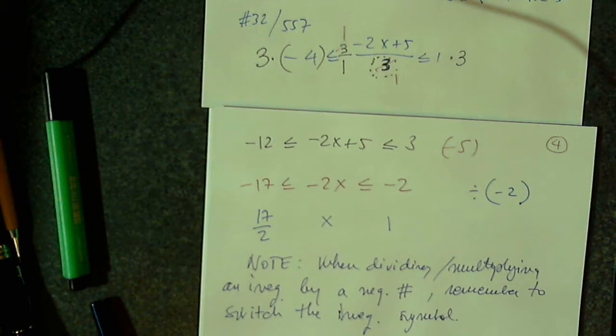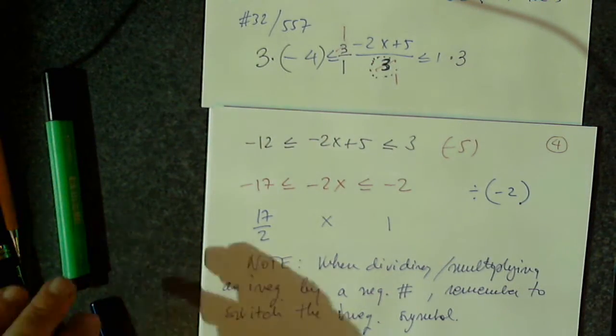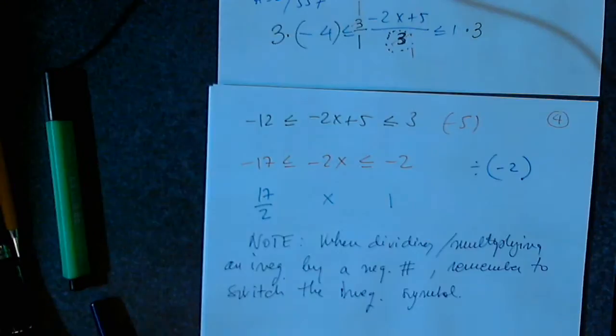Let me read this one more time to you. When dividing or multiplying an inequality, I should say both sides of an inequality or all 3 sides, by a negative number, remember to switch the inequality symbol.